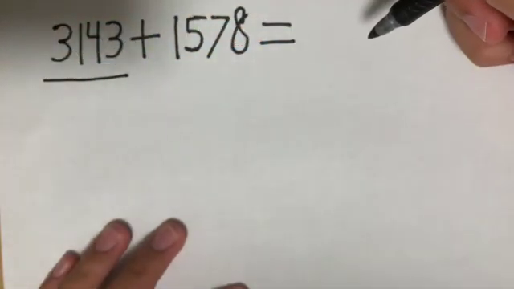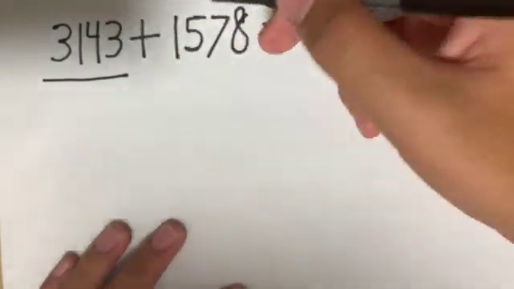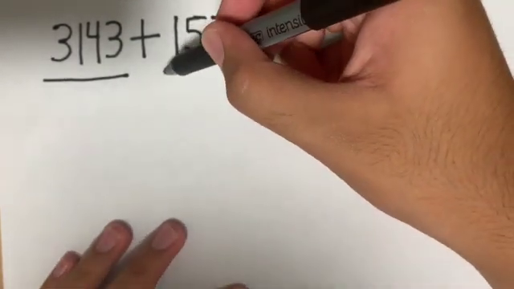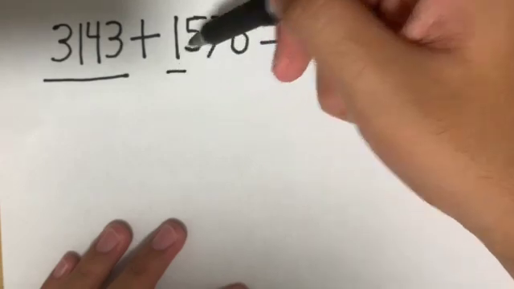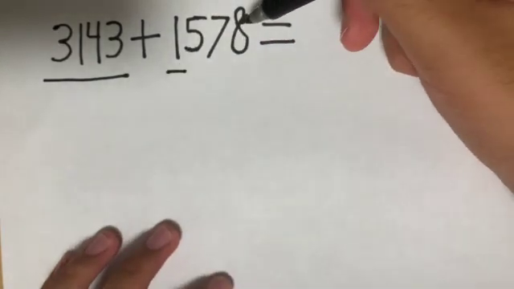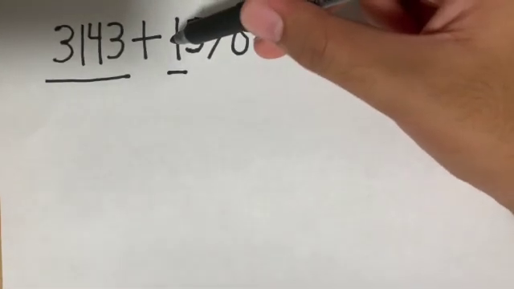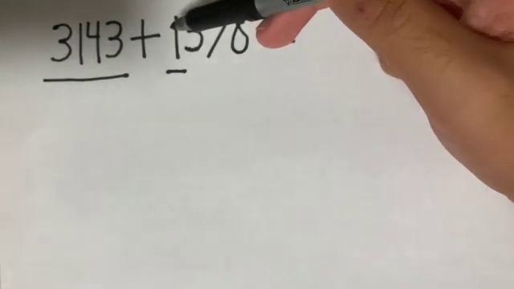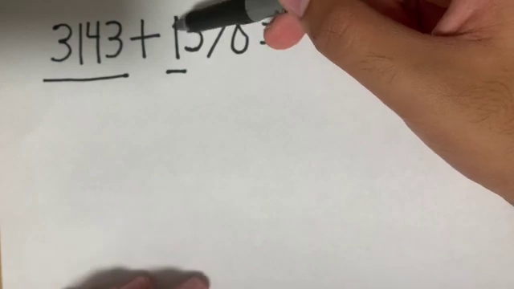So once again, take our 3,143, and we're going to first start with whatever number is on the left side. So we start off with this 1 right here, and since 1 is in the thousands value, we're gonna add 1,000 one time.